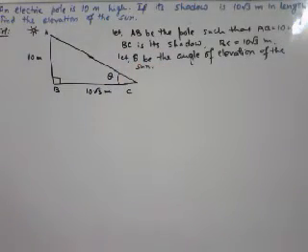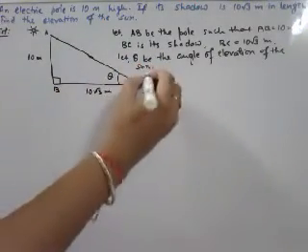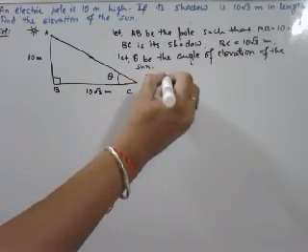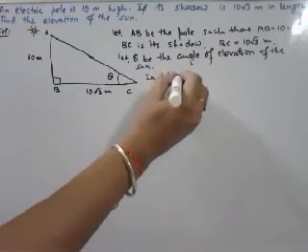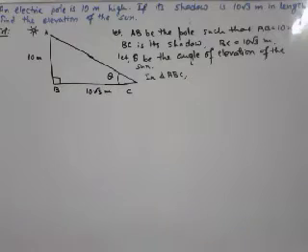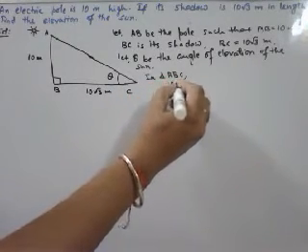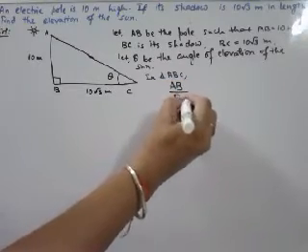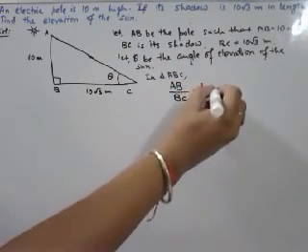Now from right angle triangle ABC, AB is the perpendicular with respect to angle theta, BC is the base and AC is the hypotenuse. So AB by BC, that is tan theta.